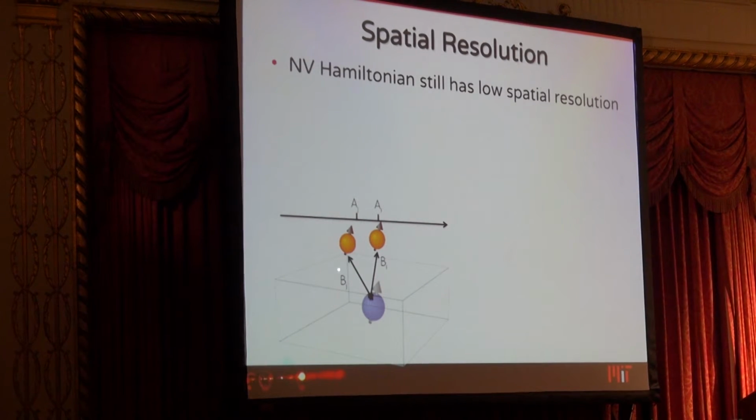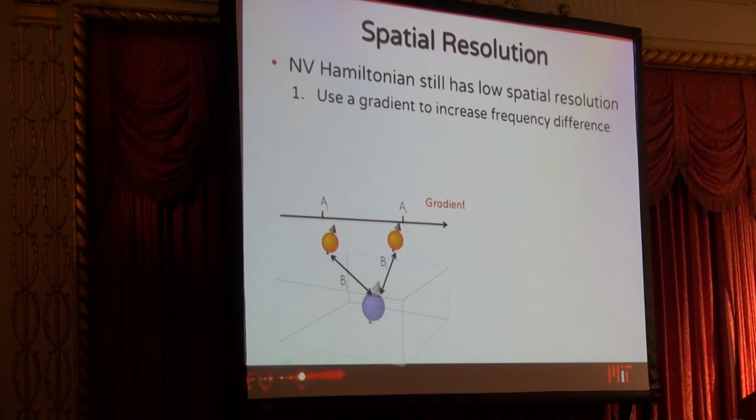But of course, we could try to add a magnetic field gradient, and this will shift the two energies. Now they're shifted, the two nuclear spins have a slightly different energy resonance frequency. And as I said, my NV sensor, by using this decoupling technique, is very sensitive to different frequencies. So maybe I would be able to measure this resonance frequency.